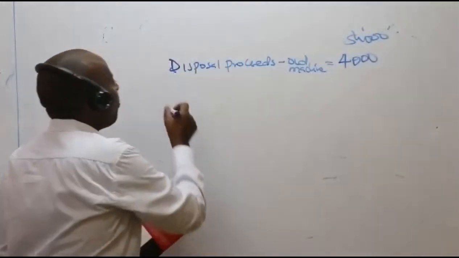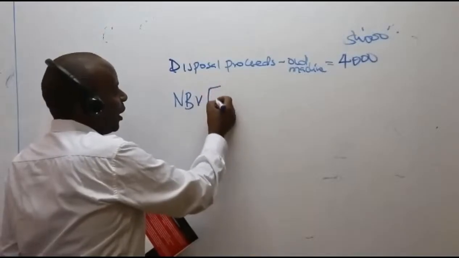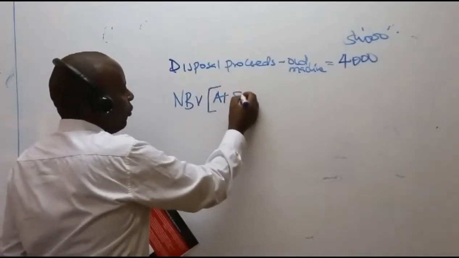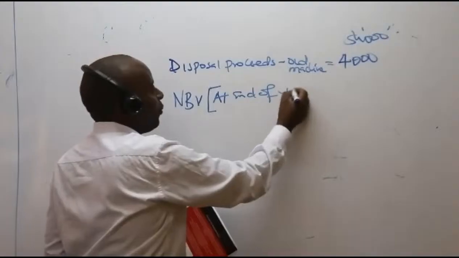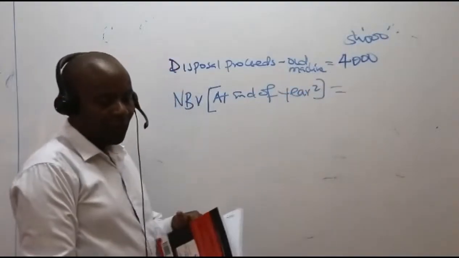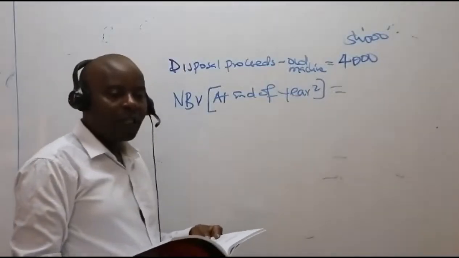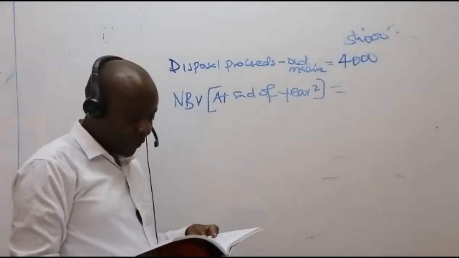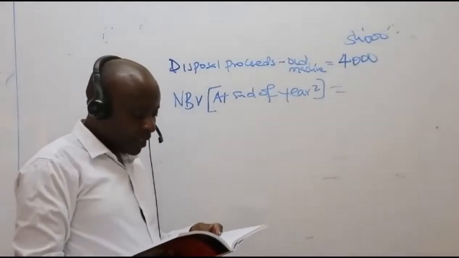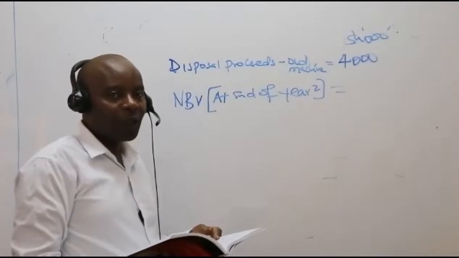Now I'll compare this with the net book value of this machine. Remember, this is at end of year 2. At the end of year 2, what do we have? Have they given us this net book value? No. They have taken the approach where they gave us the purchase cost, which is 8,000 of this old machine.